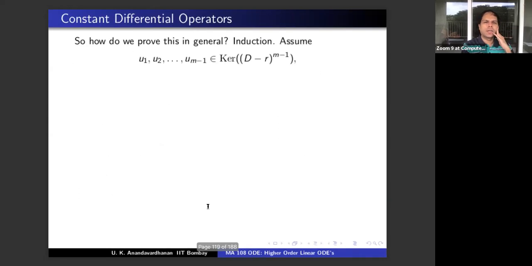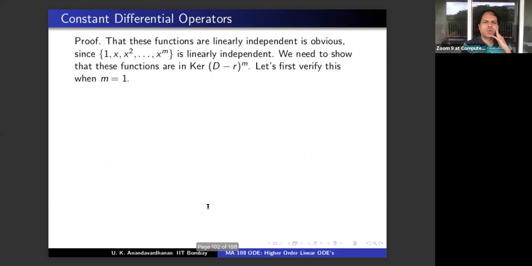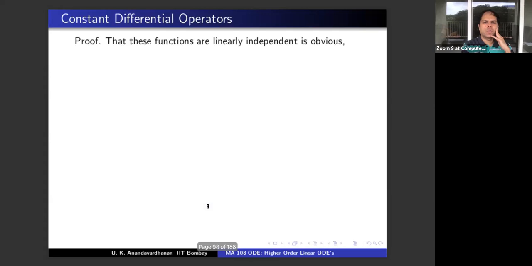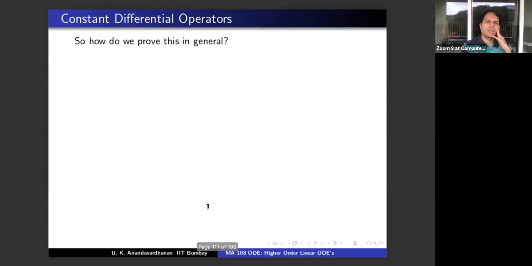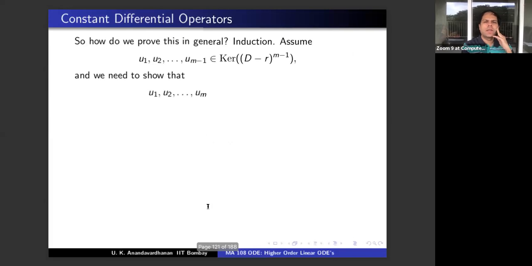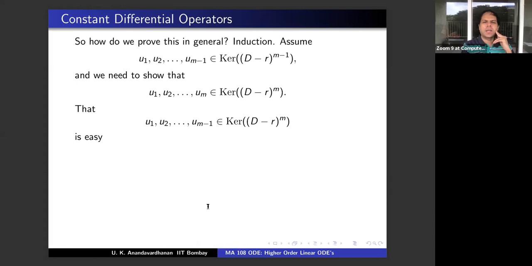So the proof in general is induction. If you assume that these many things are there in the kernel of (D minus r)^(m-1), I have to show for m. These are in the kernel of (D minus r)^(m-1) by the induction hypothesis. We need to show that these are in the kernel of (D minus r)^m. That is obvious, because these are already in the kernel of (D minus r)^(m-1), so it will kill all these things, and D minus r of 0 is 0.